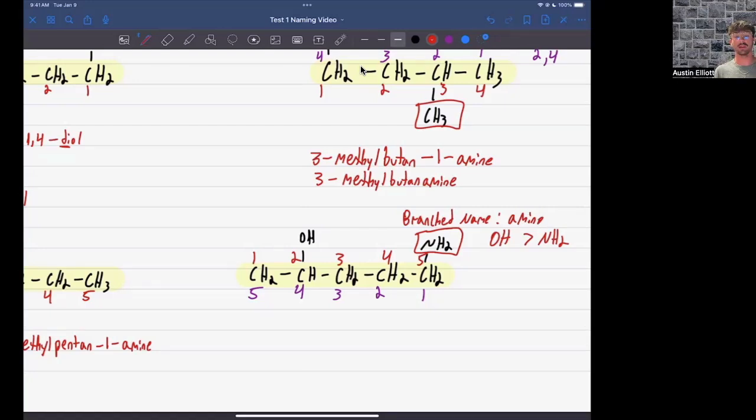Amino. So instead of amine, you call it amino with an O. So our name is going to be 5-amino. We have the 5-carbon chain, and make sure we drop that E for the alcohol, and 2-ol. So 5-amino, pentan, 2-ol.